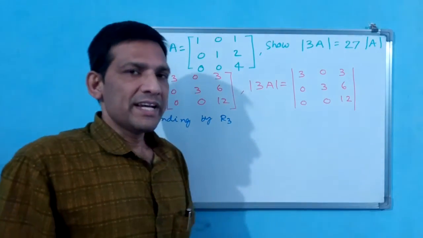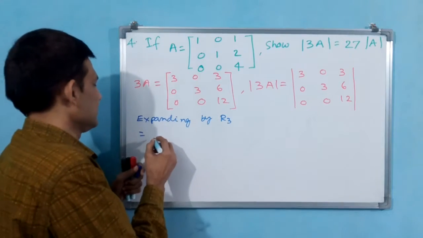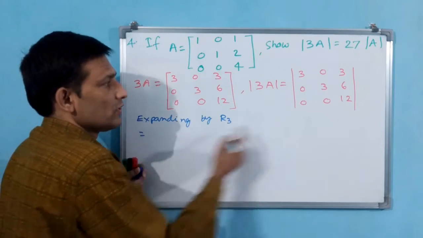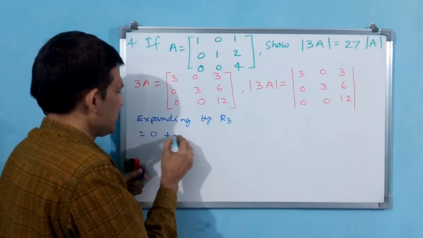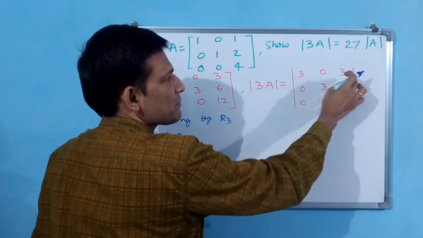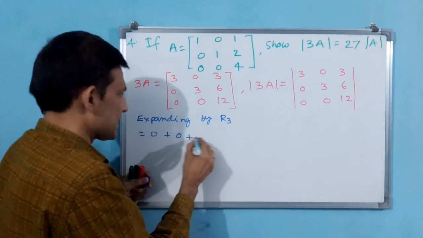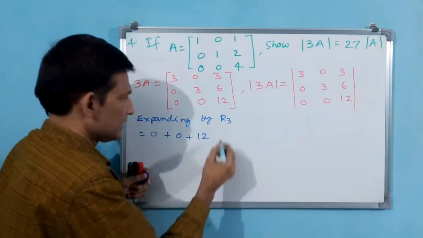For zeros, is there any symbol required? Not required. Okay. Then what we have to do? See 0 plus 0. But this, see, first plus minus plus minus plus minus plus minus plus. This is plus. Plus 12.